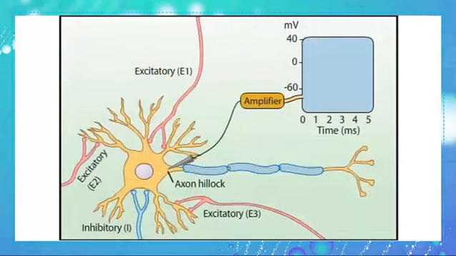Here you can see one motor neuron whose cell body is located in a nerve center, either brain or spinal cord. This motor neuron is shown in yellow. You can also see in red 3 presynaptic neurons that make excitatory synapses with the motor neuron, and in blue, 1 presynaptic fiber that makes an inhibitory synapse with the motor neuron.